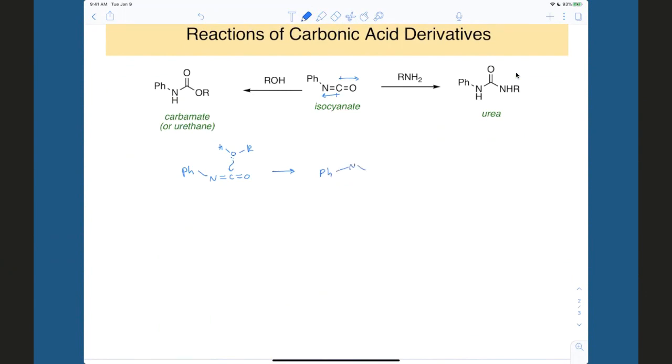And we end up making an intermediate where you can formally put this charge on the oxygen or nitrogen. I'm drawing it on the oxygen just because it's more electronegative, but you can appreciate that there is a resonance structure that would put that charge onto the nitrogen as well.